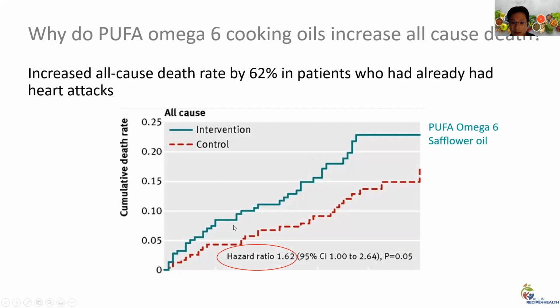They may reduce your LDL, but there was an increase in all-cause death by 62% in patients who already had heart attacks. These are patients who already had heart attacks, 348 of them. And then they randomized them and asked, what happens if I switch out their saturated fats and put them on safflower oil versus just keep them on their regular saturated fats? And so there was something concerning about this. But then the question is, why? What's the mechanism behind it?